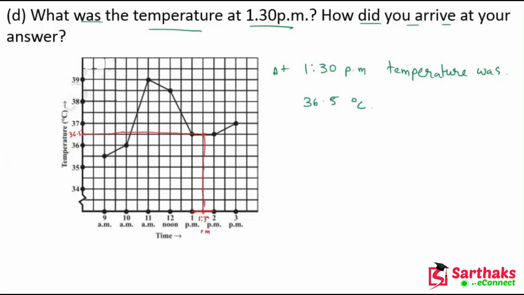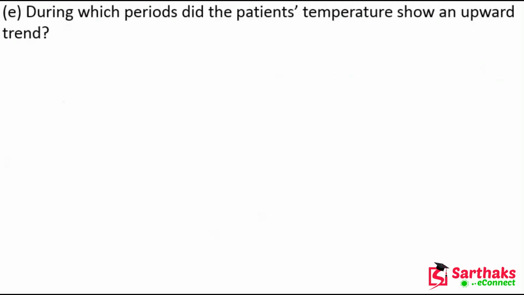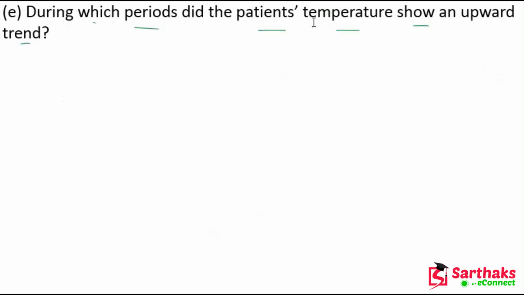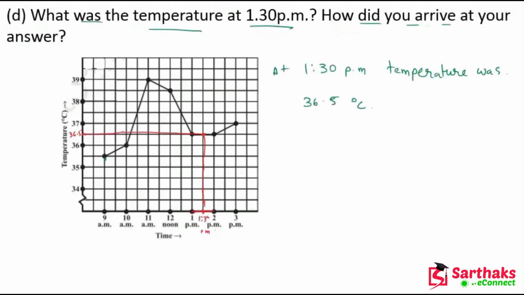Yes. Now the next one: during which period did the patient's temperature show an upward trend? If you observe this, during 9 to 11 a.m. the patient's temperature shows an upward trend. Also during 2 to 3 the temperature shows an upward trend.